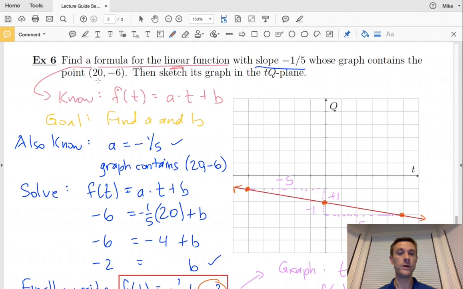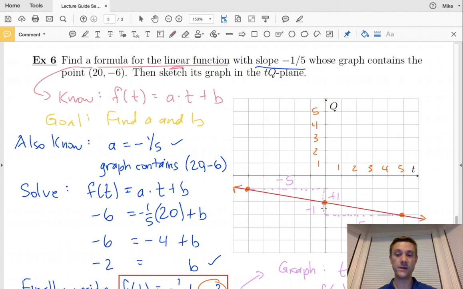One other little check that we can do on our work is whether we would be vaguely convinced that (20, -6) would actually fall onto this picture. Our graph doesn't extend that far because we were much more conservative with our values. We did 1, 2, 3, 4, etc. So our axes did not extend out to include 20 for our inputs, but you could picture that by the time we get out 20 units over here, sort of off your screen a ways, it would have dropped down to a height of -6.